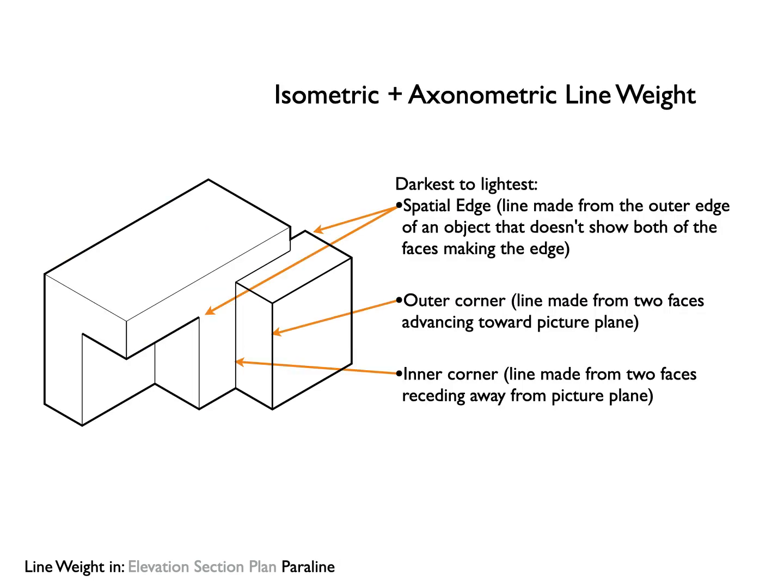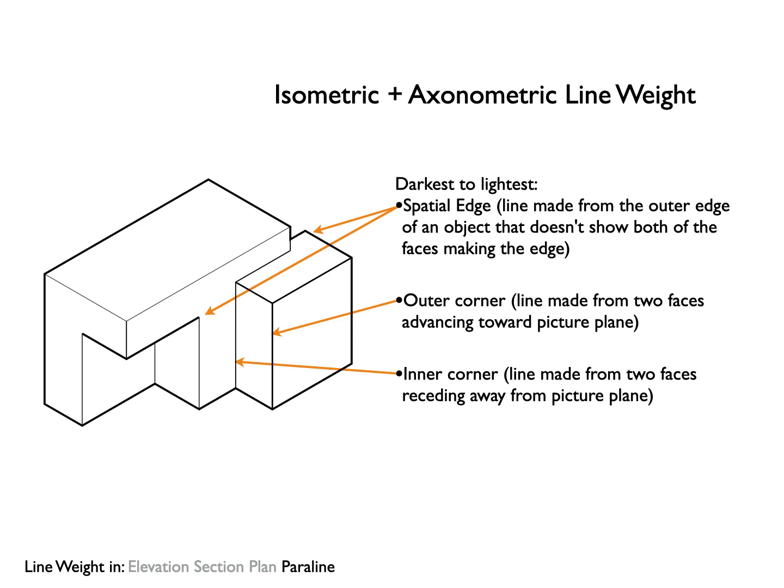All right, the most important slide of this whole lecture, and the second to last one, and I think actually the clearest as well. And that's how to do line weight within parallel drawings. Specifically, we've been dealing with isometrics, and so it goes from darkest to lightest, and the darkest is the spatial edge.